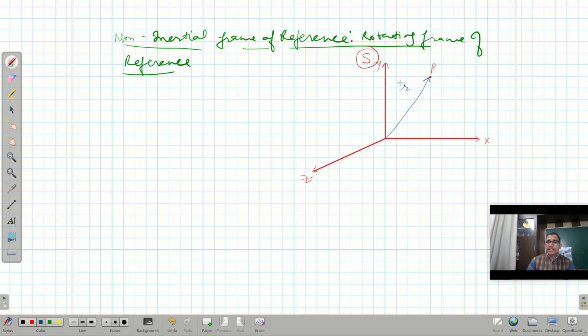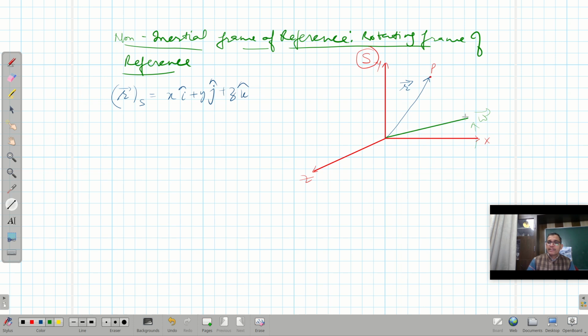Let us suppose that its distance from the origin is r. So the r vector in the S frame is represented by x i cap plus y j cap plus z k cap. Now there is another frame of reference, and that frame is moving with a certain angular velocity, omega.